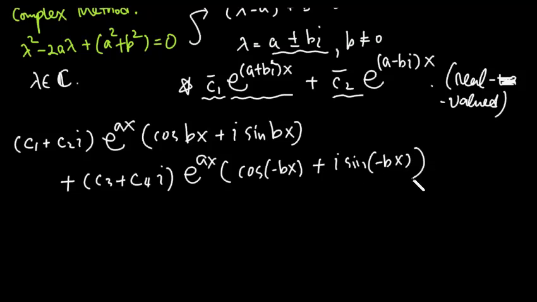So that's all the real part and imaginary part separated like this. And what we want is, amongst all these functions, which part is the real part, so that we can pick up solutions for the real valued functions.